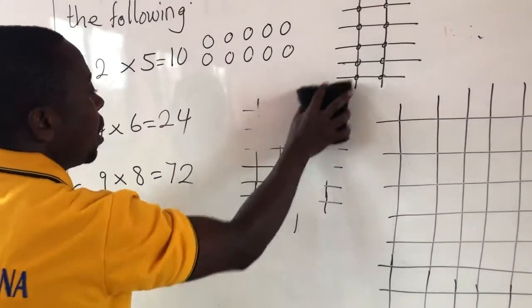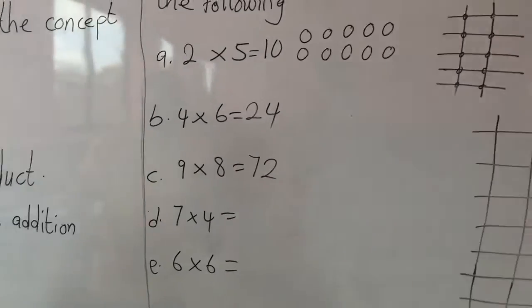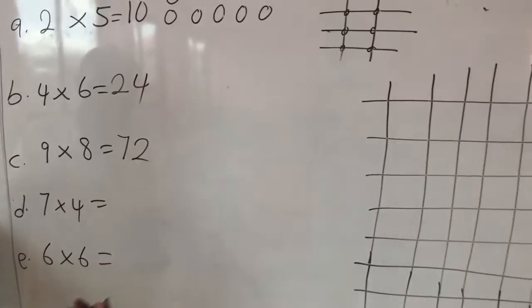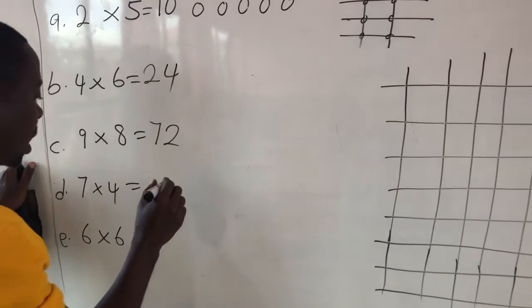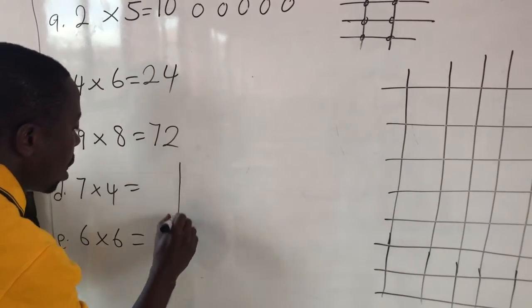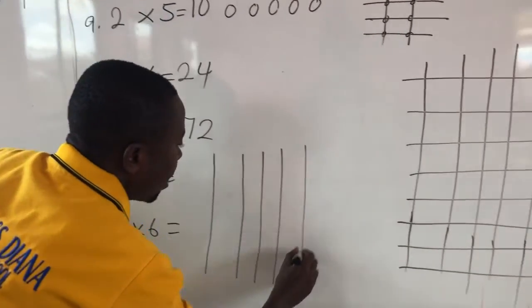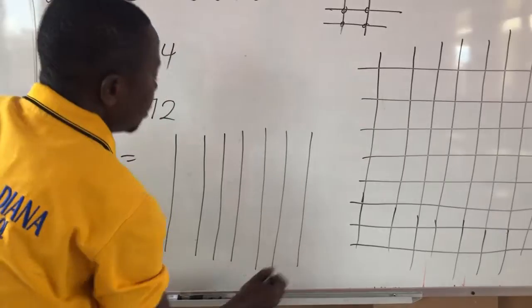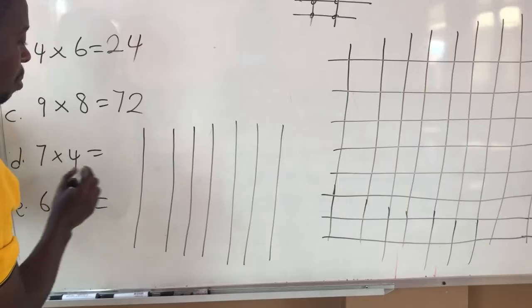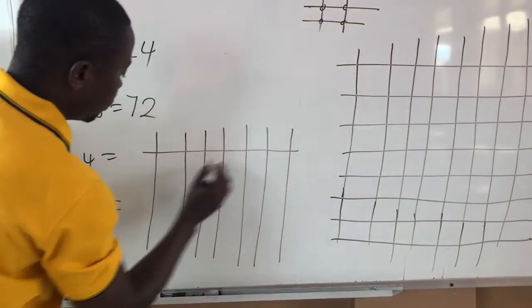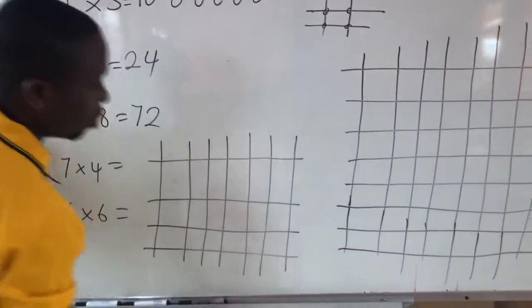The next example here is 7 times 4. We can use the grouping method or still use the lines. So we have 7 lines: 1, 2, 3, 4, 5, 6, 7, times 4. This is the multiplicand, 7. The multiplier is 4, so we have 1, 2, 3, 4.